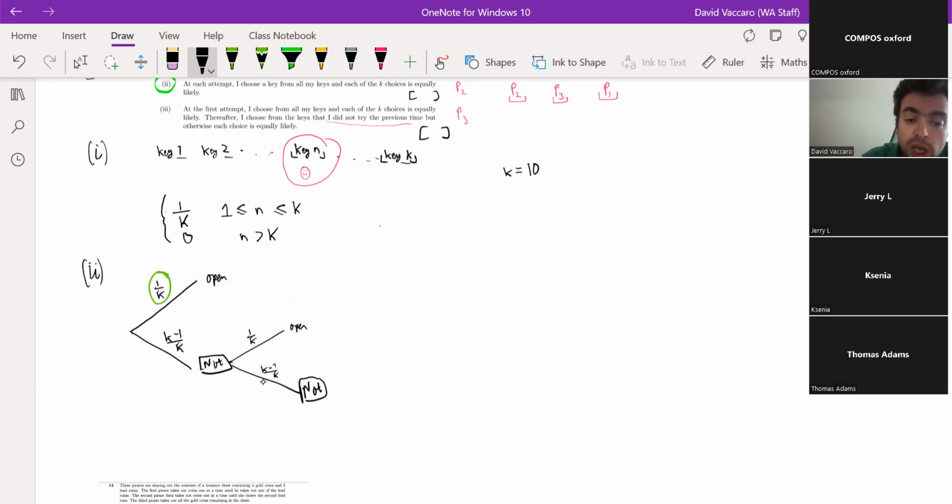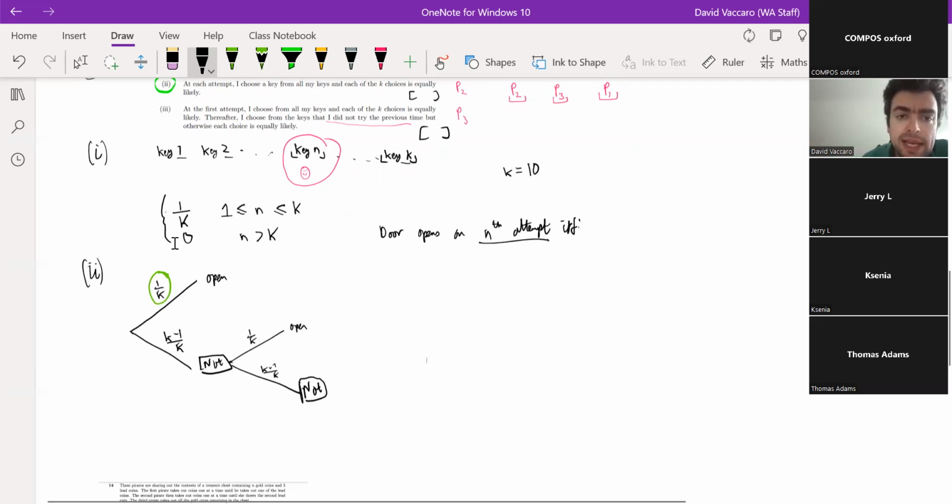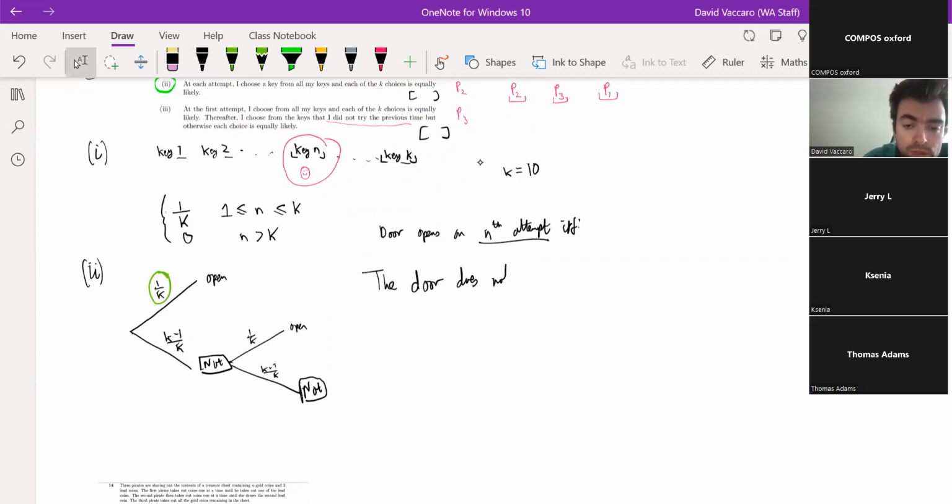Now, for the door to open on the nth attempt, what two things need to happen for the door to open exactly on the nth attempt? How many times must the door not open? Yeah, so it needs to fail for all the previous attempts.